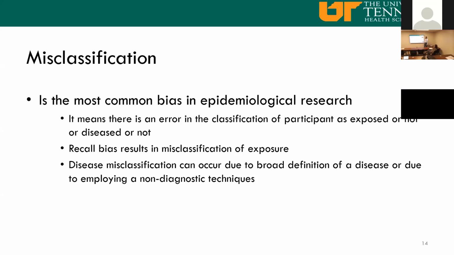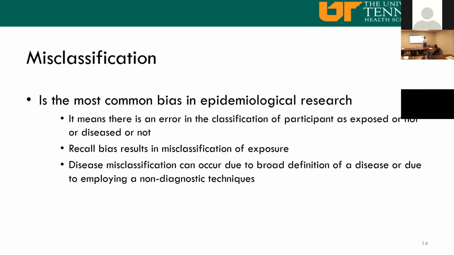Disease misclassification can occur due to a broad definition of the disease or due to employing non-diagnostic techniques. If we say cardiovascular disease, it can be a lot. It can be hypertension, coronary heart disease, stroke, or heart failure.